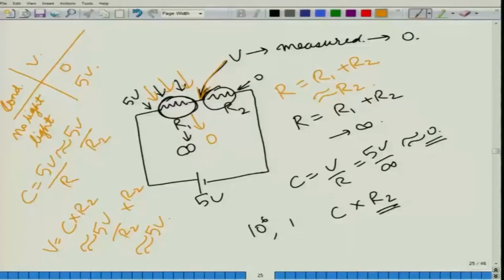So in the low light condition this voltage will be close to 0, and in the bright condition it will be close to 5 volts. Maybe you could have a voltage of 4.8 volts and maybe 0.1 volt. So, these are the values. Just by measuring the voltage at this point, we can get the amount of light that is falling on this sensor. Now we will go through a demonstration of how this is done.